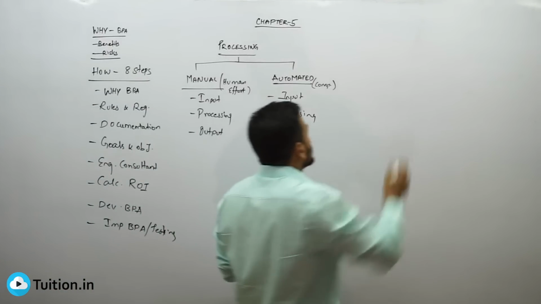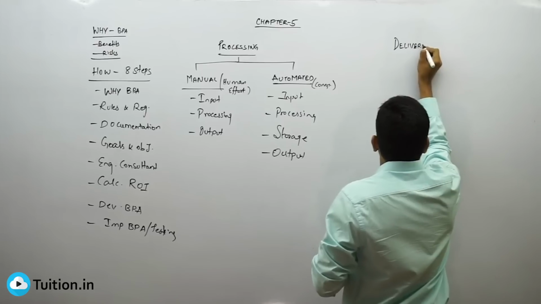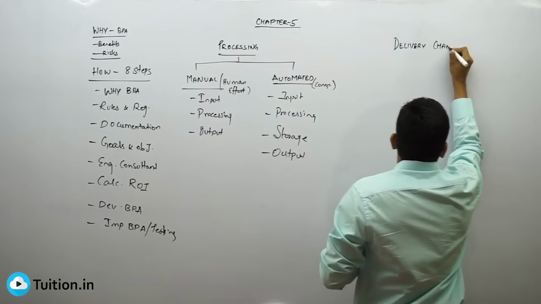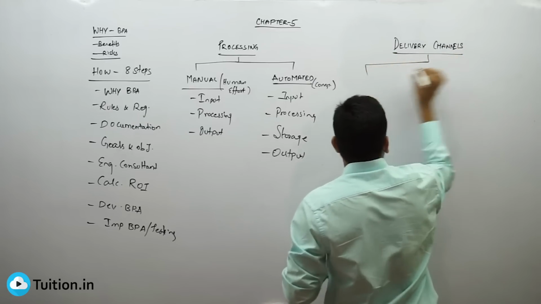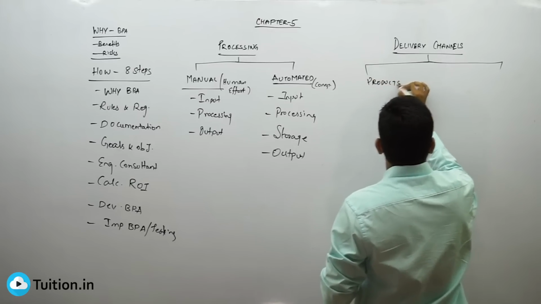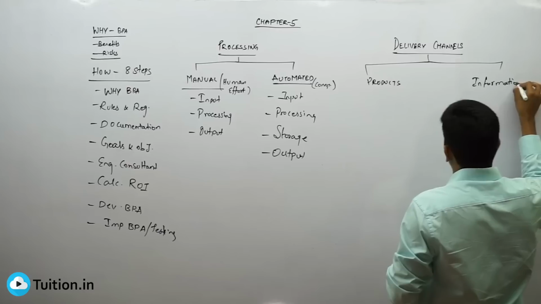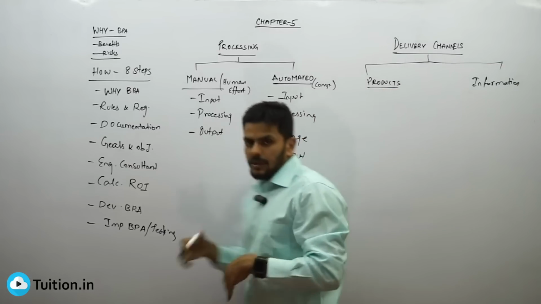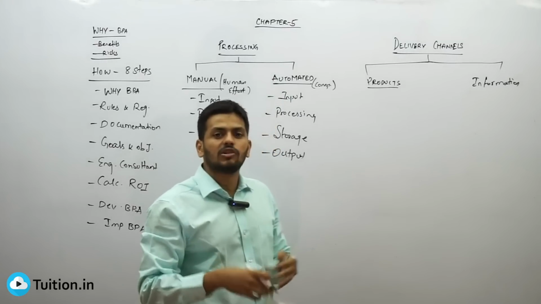And then 2 of the very important points are talking about delivery channels, right? We're talking about delivery channels for products and delivery channels for information, right? So how to choose a delivery channel for product? We can deliver the product physically, we can deliver the product online.